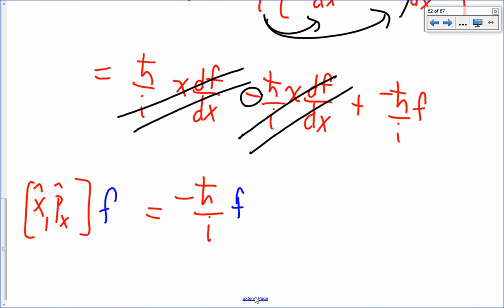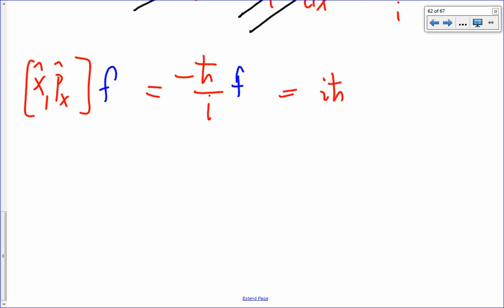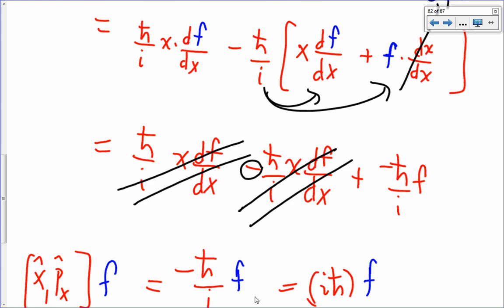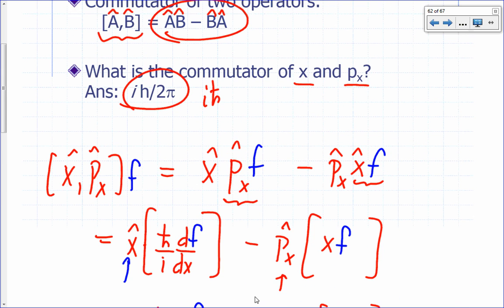What's another way of writing that? It's just i h bar, right? So times f. So all this commutator does is multiply the function by i h bar. So you could say that this commutator is a multiplicative operator. Multiplies it by i h bar. It's right there.